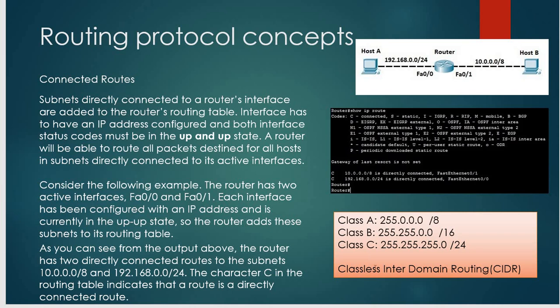There is no class A, B, or C in CIDR. In CIDR there is no class. Based on the subnetwork, we can give the IP address. Let's see here, I'll show you the chart of this CIDR.